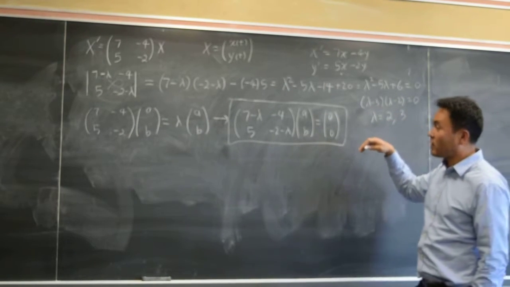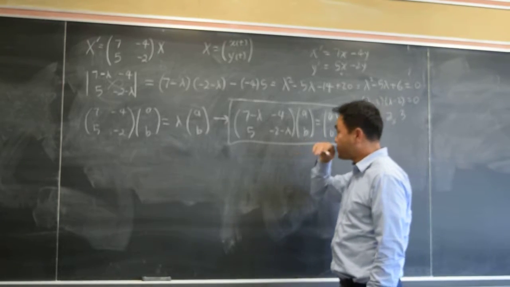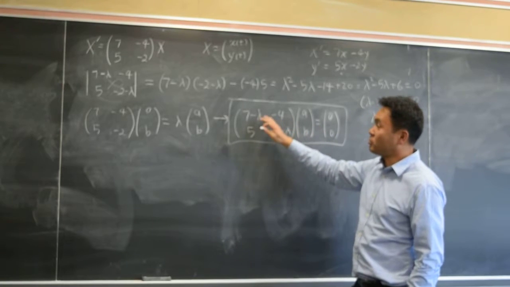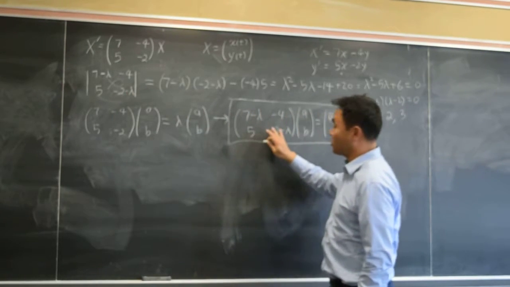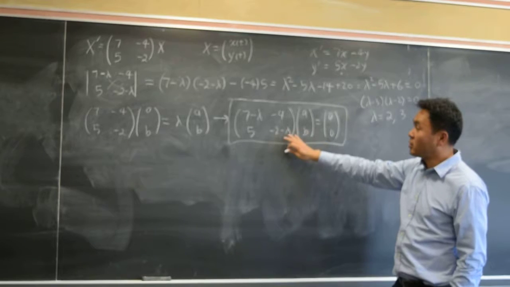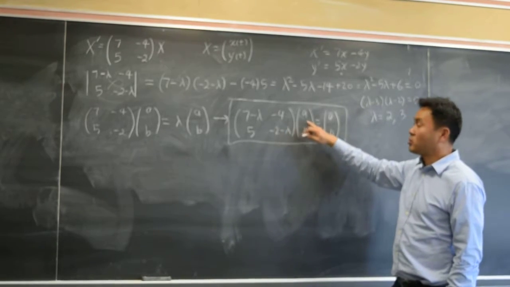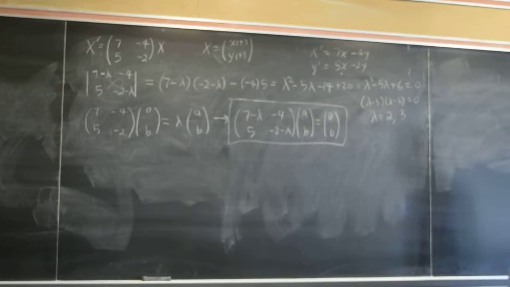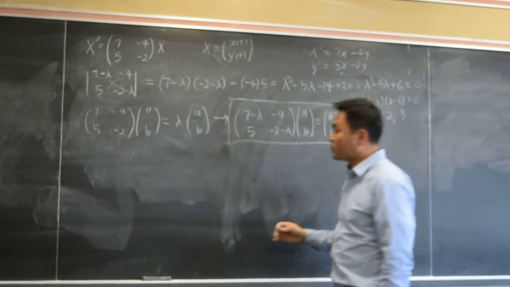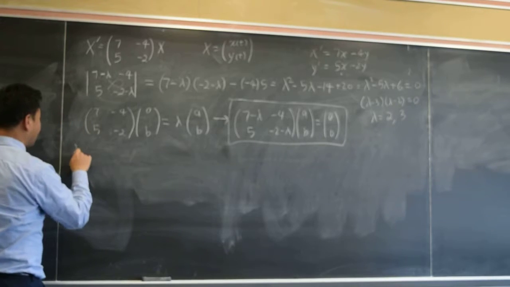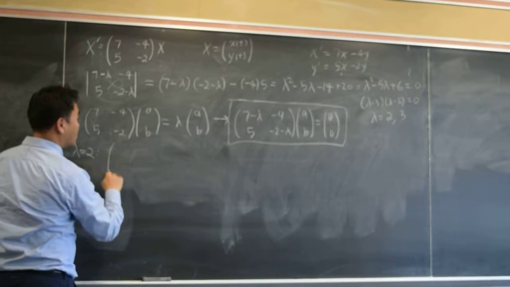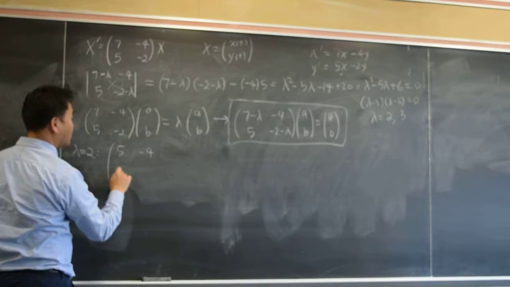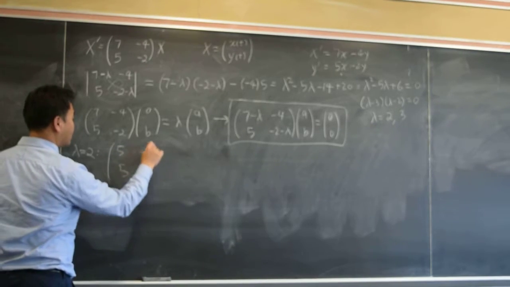Once you find the eigenvalues, you solve the eigenvector equation: you take the same matrix, multiply by (A, B), and set equal to 0, for each individual case. So for lambda equals 2, what does this mean? 7 minus 2 is 5, -4, 5 and -4.